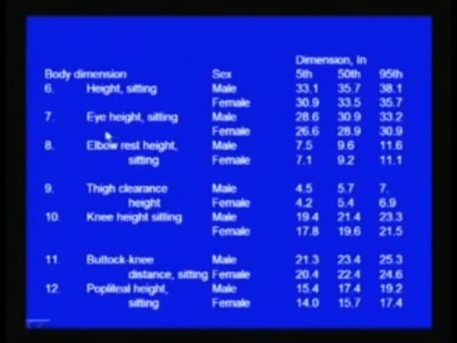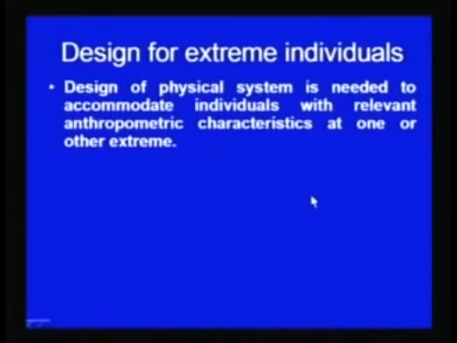These dimensions can be used in designing seats, work rest heights, and the locations where different levers and tools should be placed during operation. Likewise, engineering systems can be designed in such a way that the operator and human beings of the targeted population can use these systems effectively. And these designs are usually based on the three principles as I described earlier.